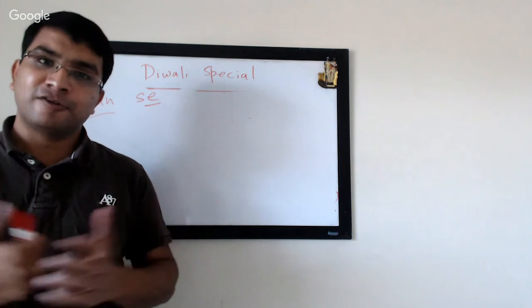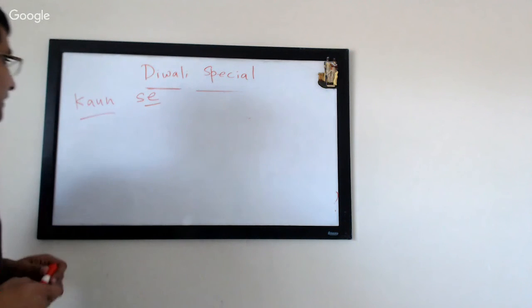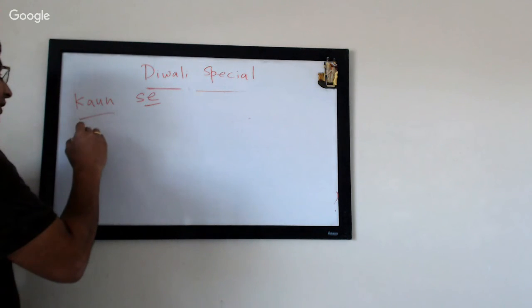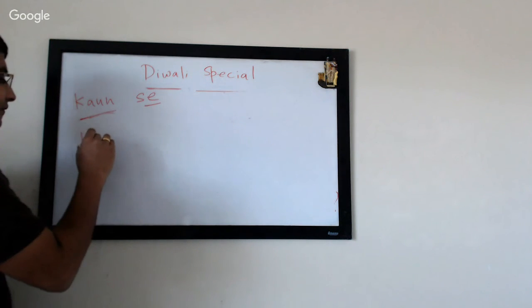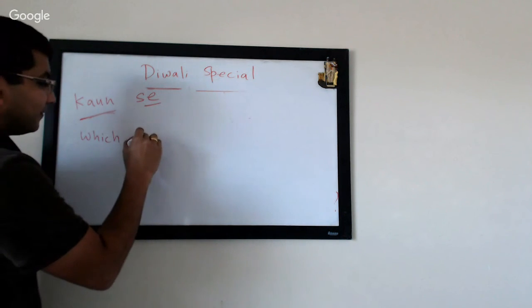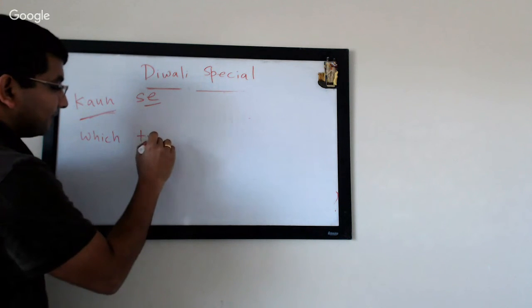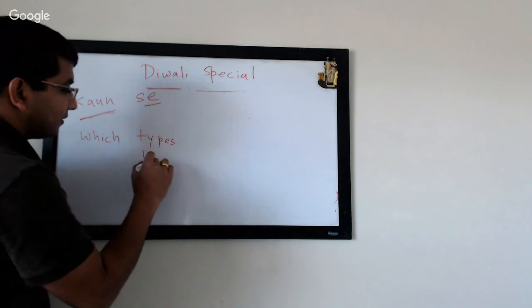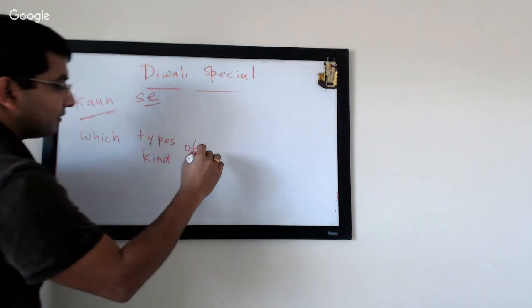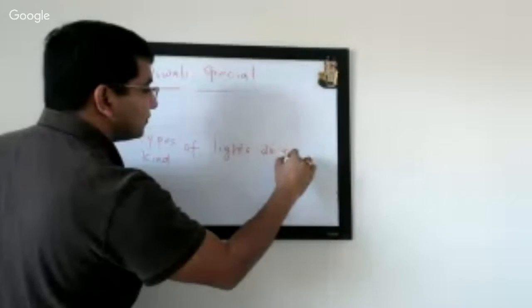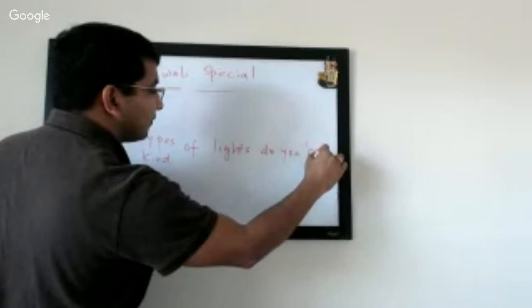Vendors sell different kinds of light, like lamps, and you are shopping around and you want to find out which kind of lights do you have.